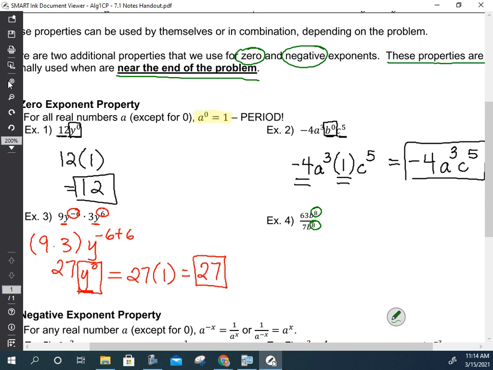I'm not going to add them. What are we going to do with those exponents? I know what I'm going to do with 63 and 7. 63 and 7 are going to get divided. That's 9. What are we going to do with the exponents?